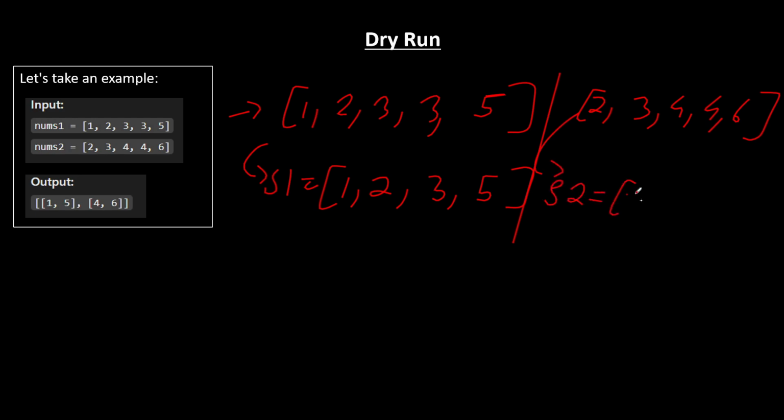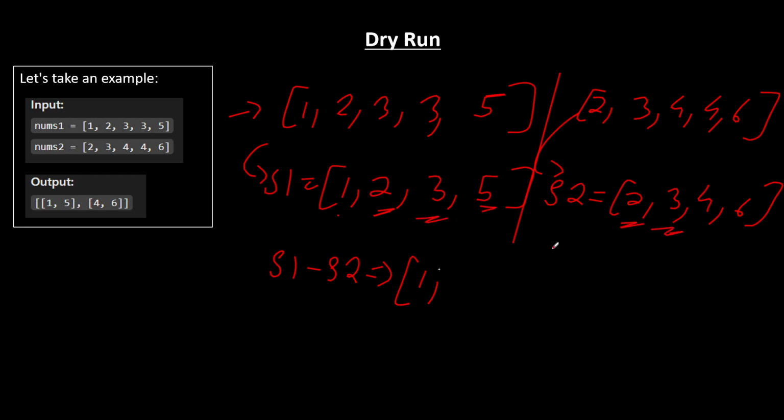And it is 2, 3, 4, and 6 because only unique elements will be there. Now we subtract S1 with S2. We get what? 1 is present in S1. It is not present in S2. So 1 will be here. 2 is present here, 2 is also present here, so we cannot take this. 3 is also present here, and here also it is present. 5 is not present here, so we can take 5.